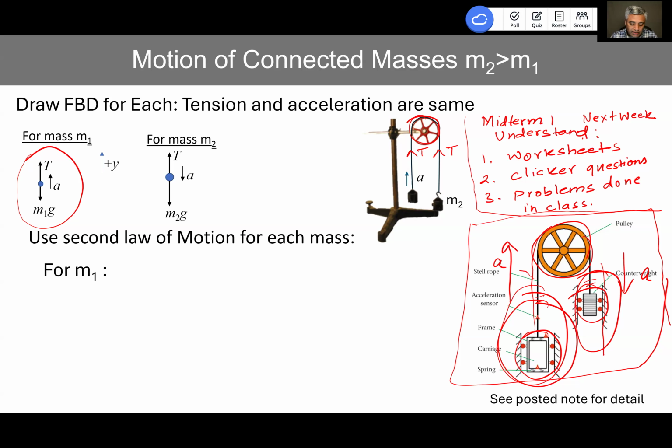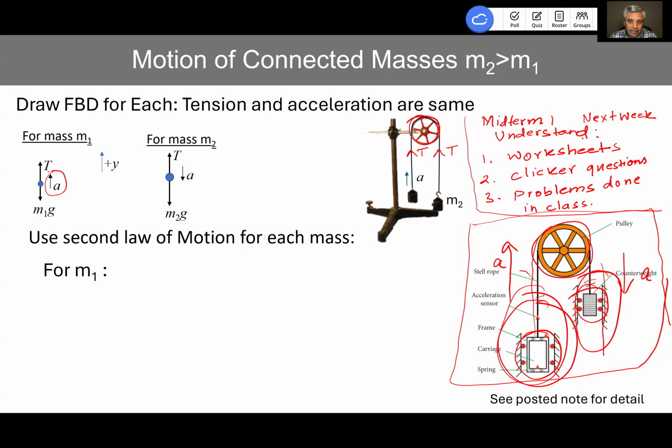So when we have more than one object, what we do is draw a free body diagram of both objects, and that's what I am drawing here. The acceleration is drawn on the side, so that we can use that information while writing Newton's second law.